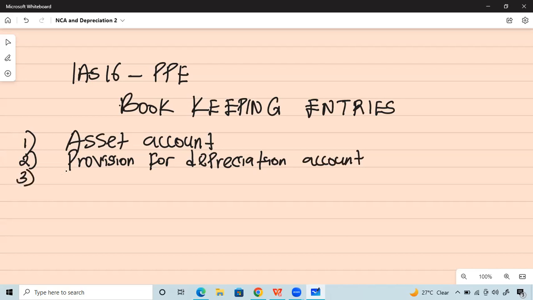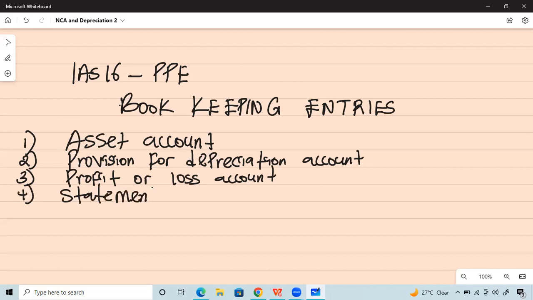Then we'll also need the profit or loss account. Then number 4, the statement of financial position. So these are the bookkeeping entries once it comes to depreciation.